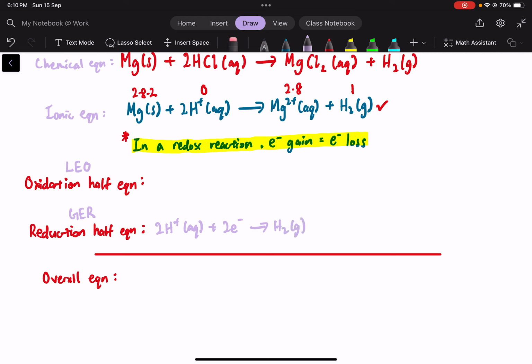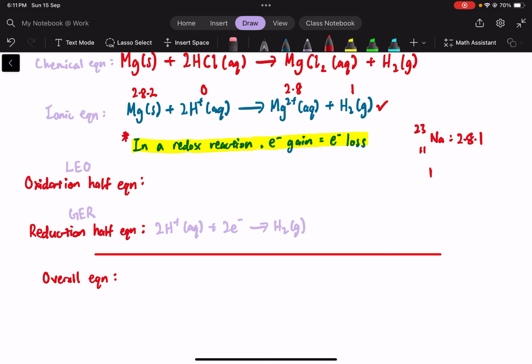Now for sodium metal, sodium is actually just next to magnesium. Sodium has a mass number of 23 and proton number of 11, so its electronic configuration will be 2, 8, 1.